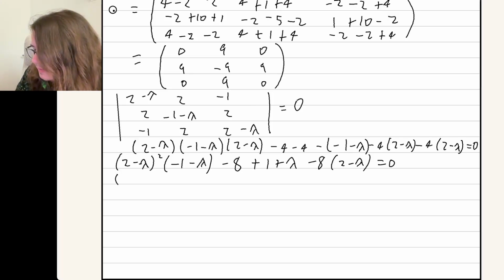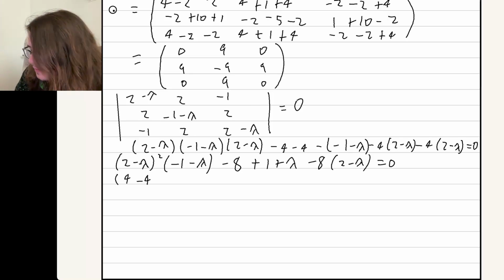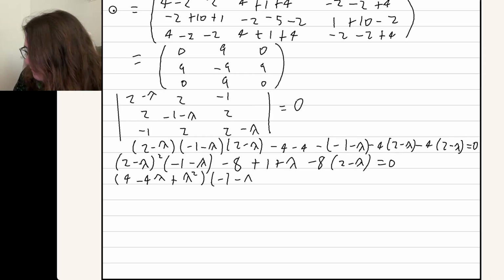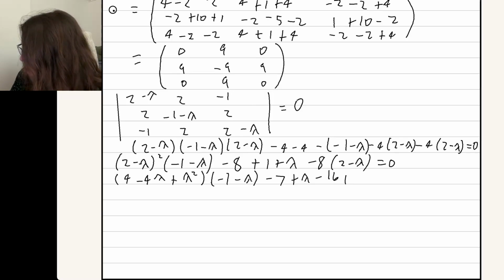Let's expand this, so it's going to be 4 minus 4 lambda plus lambda squared times minus 1 minus lambda, minus 8 plus 1 is actually just minus 7. And we've got the plus lambda. This turns into minus 16 plus 8 lambda.